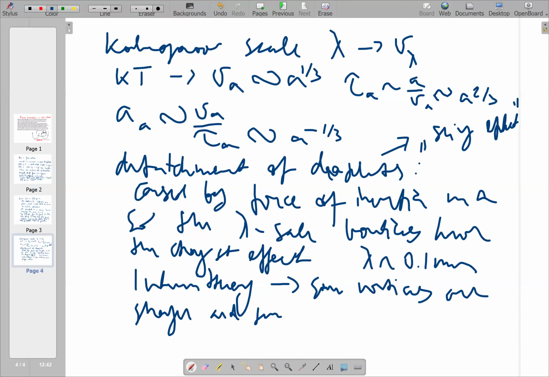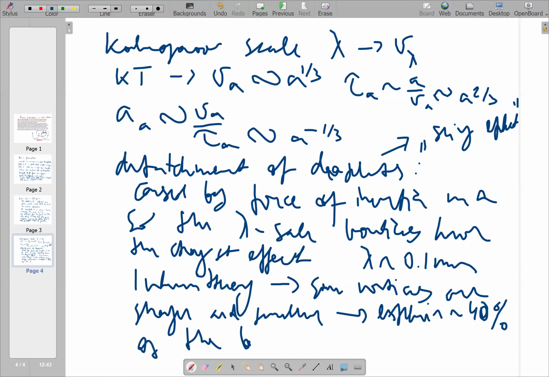And that explains some of the bottleneck, maybe something like 40% of the bottleneck. Still some is missing, but that is some explanation.